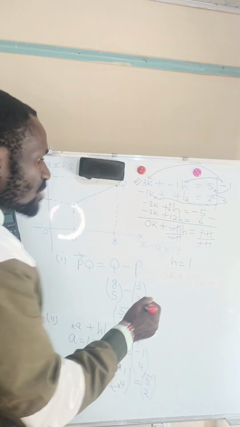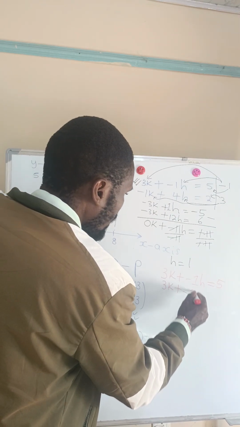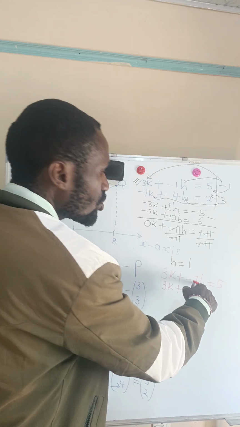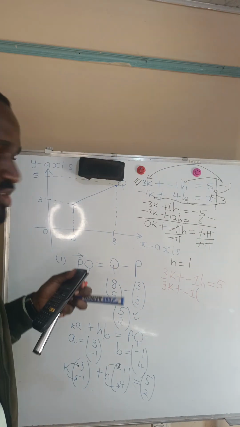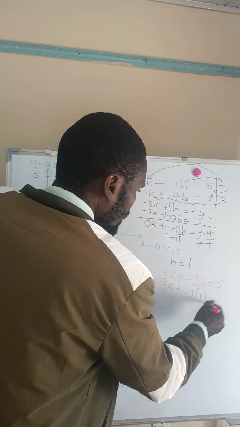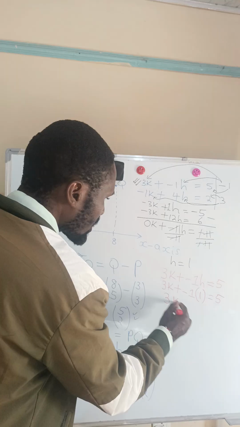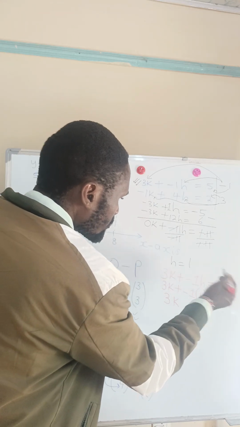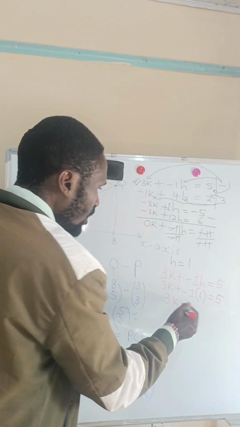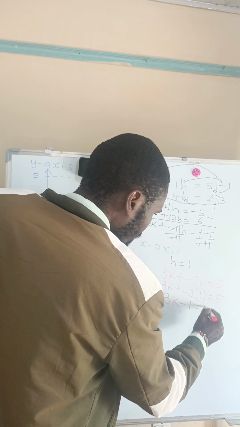Then I know h is 1. So I'll come here and say 3k plus negative 1 times, I substitute that h with 1. Then that must equal 5. So it becomes 3k plus 1 times negative 1, that gives us minus 1. That must be equal to 5.